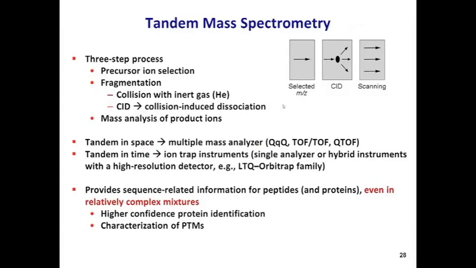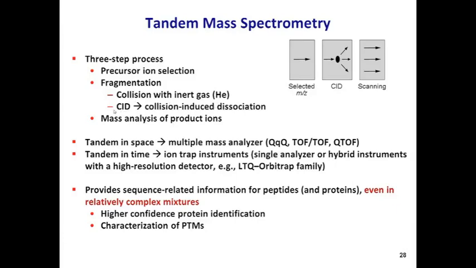Tandem mass spectrometry is a three-step process. I measure precursor ions, the ions that are introduced in the instrument. I select a specific precursor ion of interest. I fragment it in the mass spectrometer. This is called collision-induced dissociation.